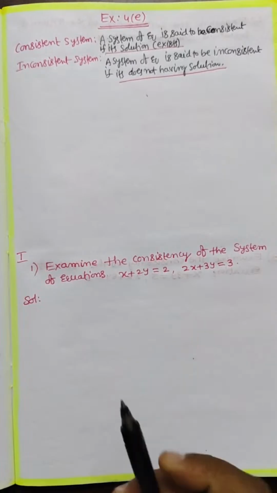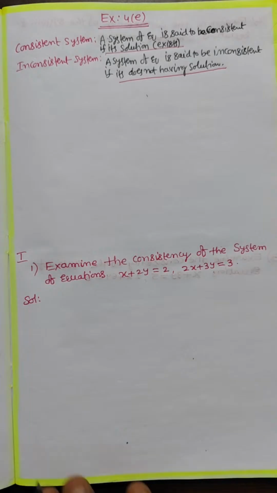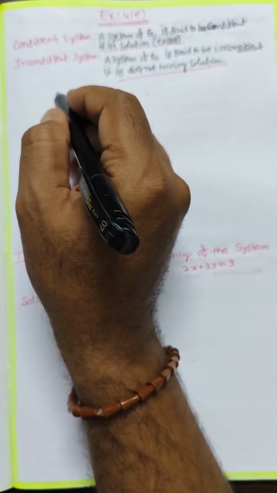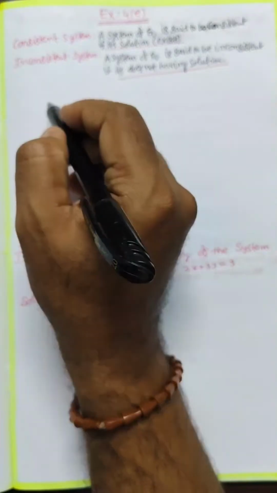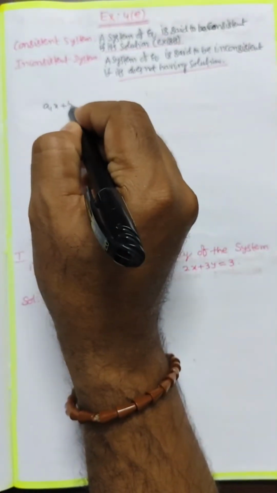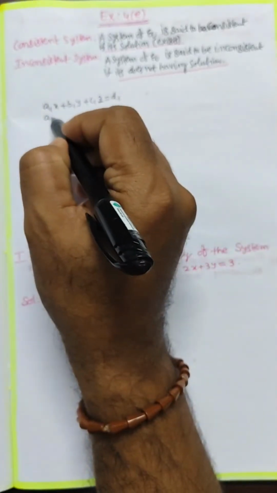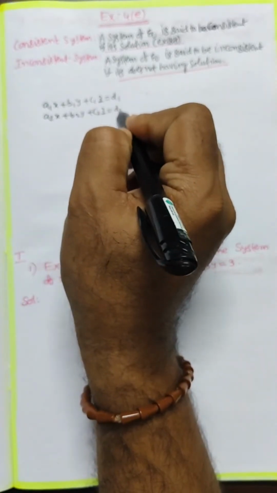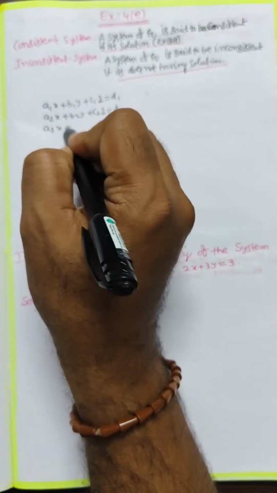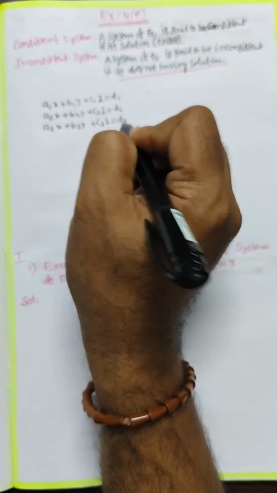Now, the solution of a system of linear equations, either in two variables or three variables. Suppose we take a system of linear equations in three variables: a1x plus b1y plus c1z equal to d1, a2x plus b2y plus c2z equal to d2, a3x plus b3y plus c3z equal to d3.